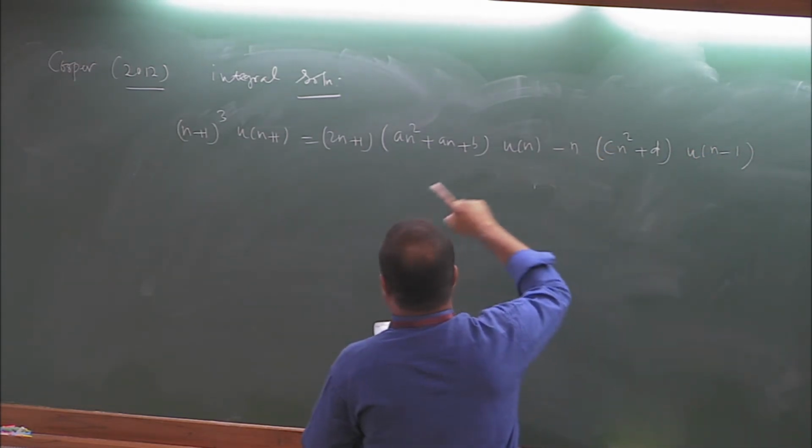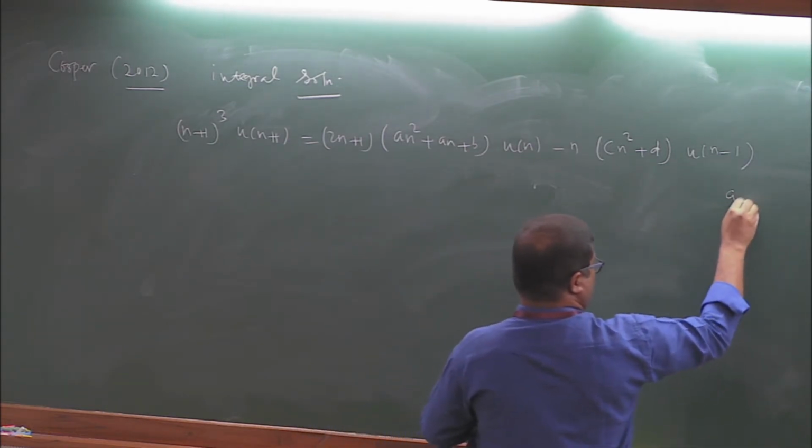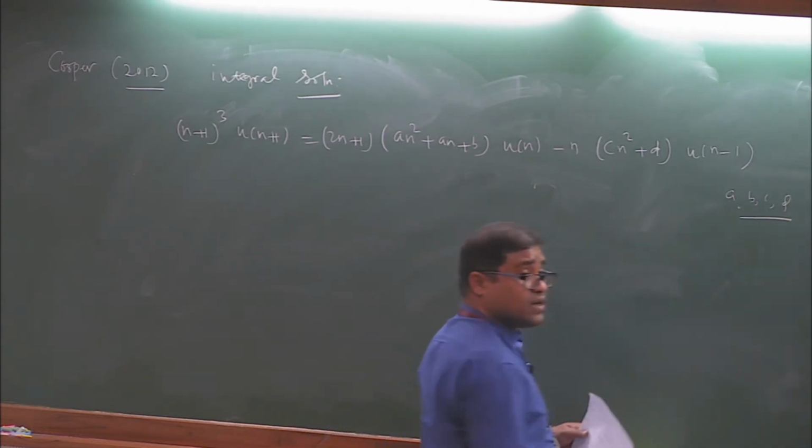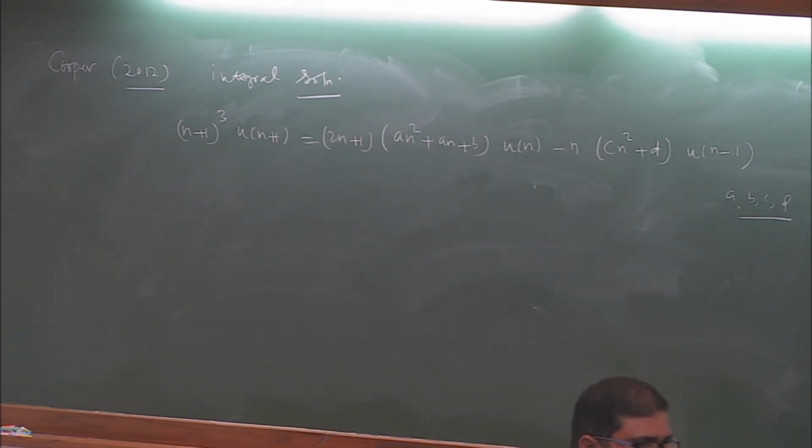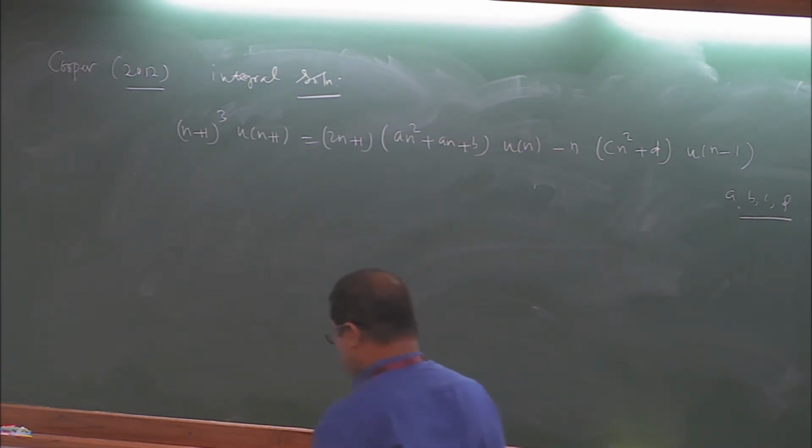So this is more general. There is one more parameter, a, b, c, d here, with the same initial conditions, a0 equal to 1 and a1 equal to 5. If you put d equal to 0, you get this. Okay, and he could produce some more solutions.